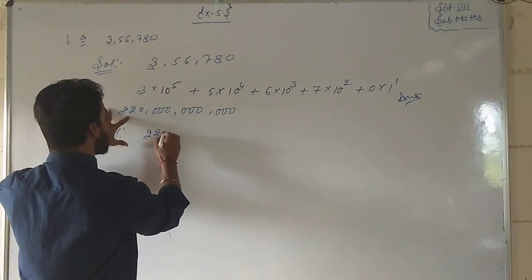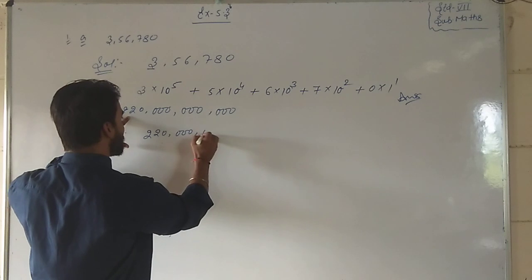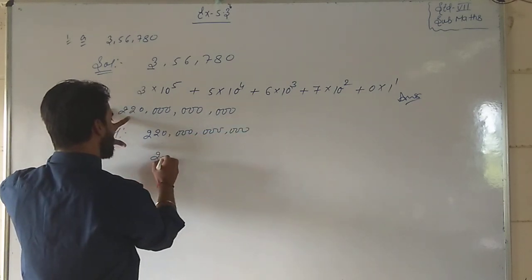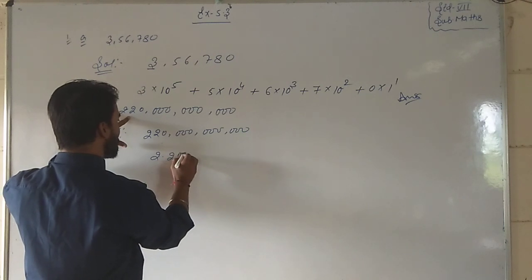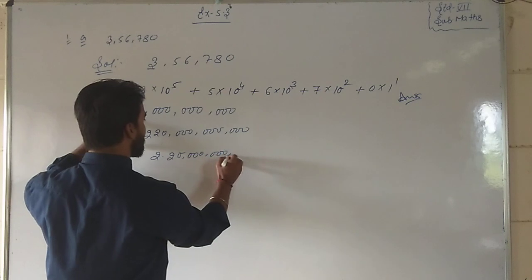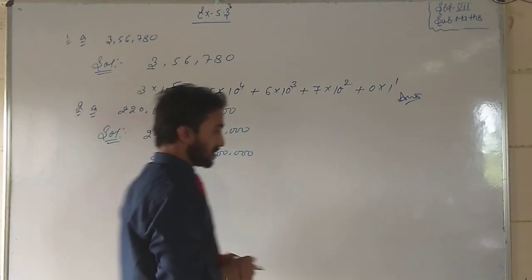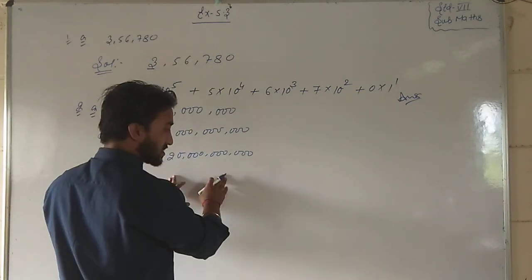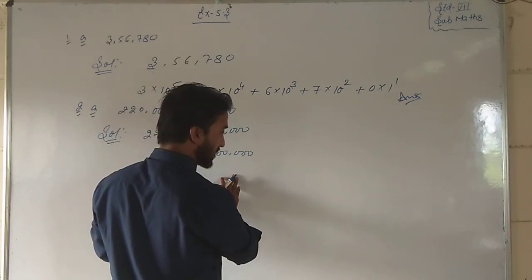So how can you write 220,000,000,000? Can you write 2.2 followed by zeros?